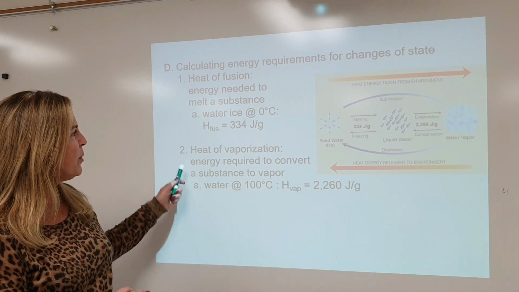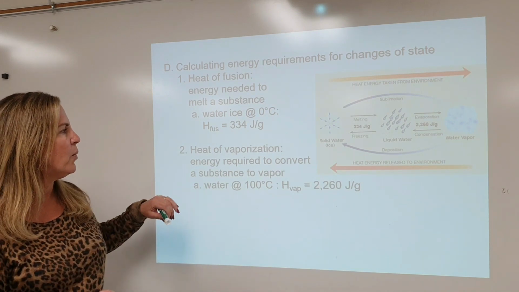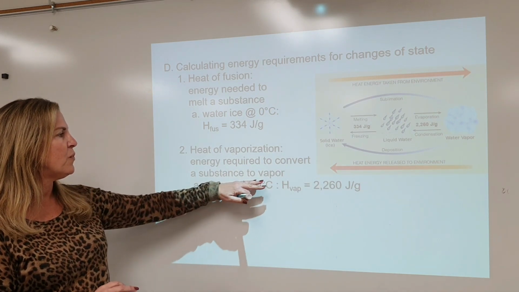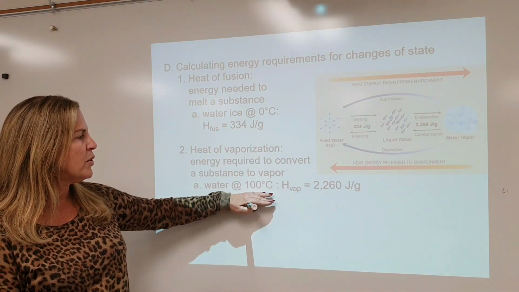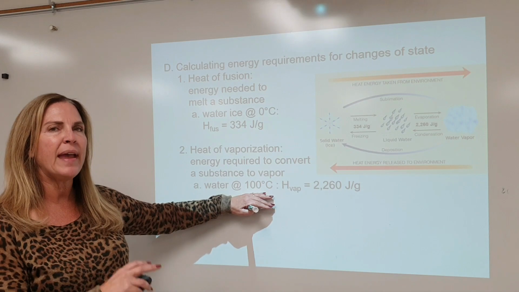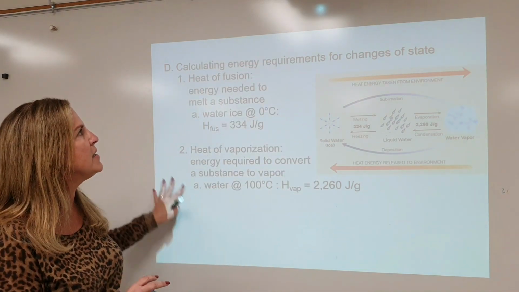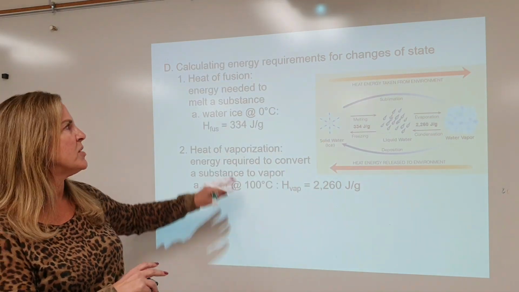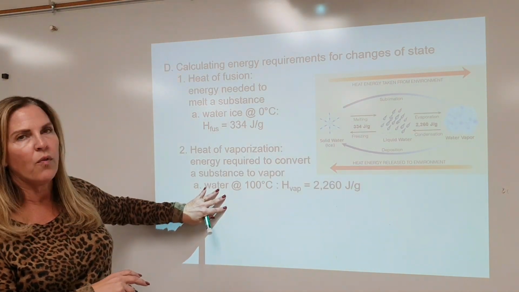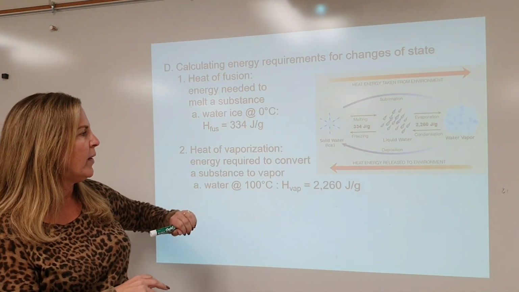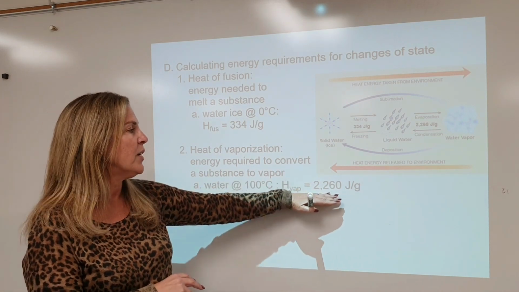All right, heat of vaporization is the energy required to convert a substance to vapor. So again, we are at the boiling point. We're at 100 degrees Celsius. So again, these are phase changes. We're going to use these during phase changes. We're going to use this one for melting and freezing. We're going to use this one for boiling and vaporization. All right, now you'll see, look at for water.